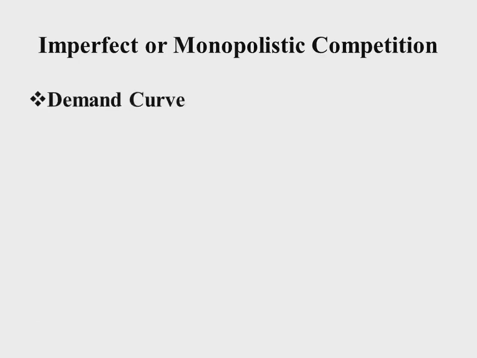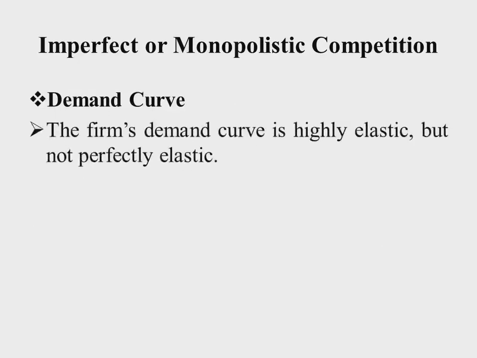Okay, so let's describe the nature of the demand curve under monopolistic competition. The firm's demand curve is highly elastic but not perfectly. As opposed to perfect competition where they sell homogeneous products, here the firms are selling similar products but they are not perfect substitutes. As such, the demand curve is not perfectly elastic.